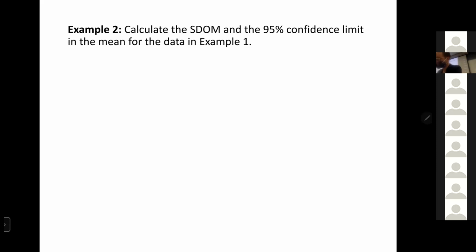In example 1, the mean value of the pressure that we obtained was 761.62 torr. And the standard deviation that we obtained was 0.835 torr. And there were 6 measurements.